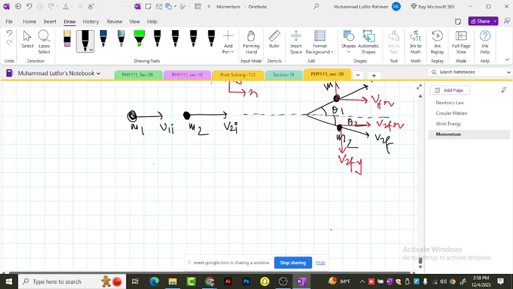Fine. Then, to find these velocities, I'll simply write down momentum conservation, because whether it's an elastic or inelastic collision, in both cases the momentum of the system will be conserved. The first equation: it is a two-dimensional case, so we will take the components. First I will write the x component.